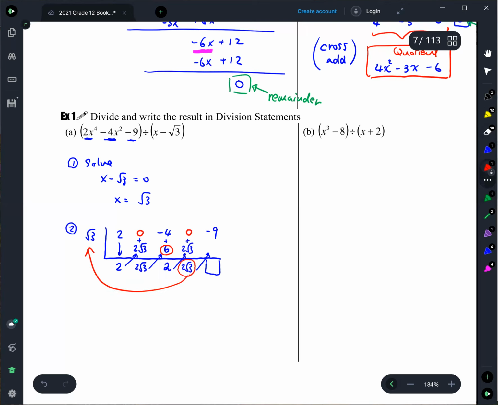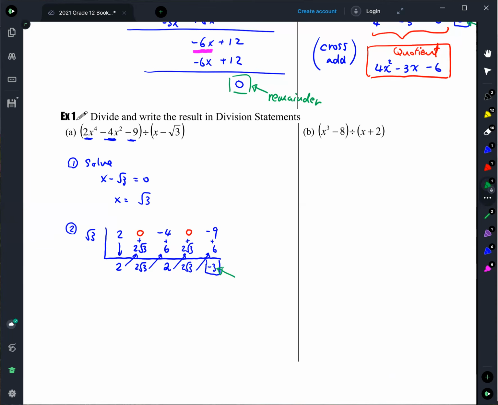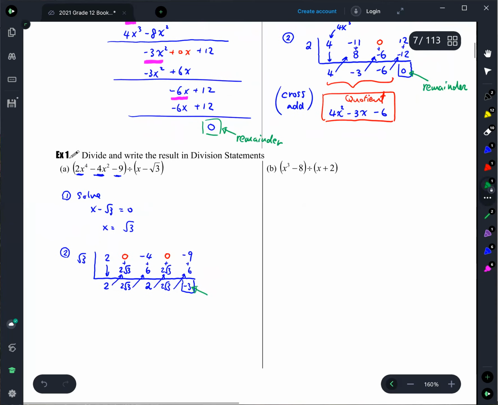What do you get? 6. And where do we put it? Underneath the -9. Very good. And what do we do? Add. And you get -3. Okay, so it's like an assembly line. You keep on doing the same thing over and over until you reach the end of the line. So the final box here is called the remainder.